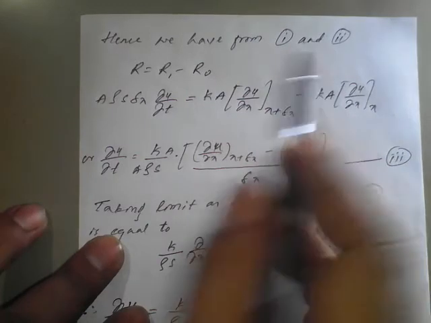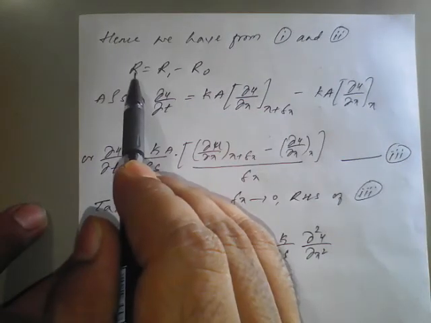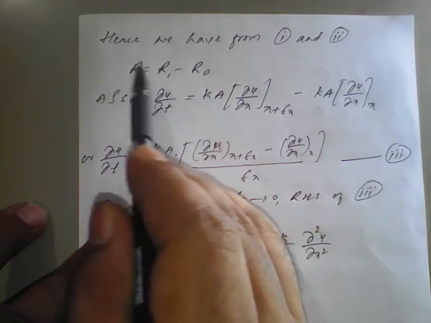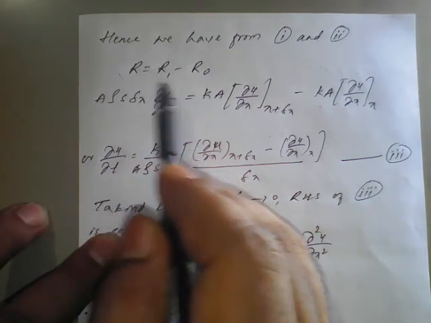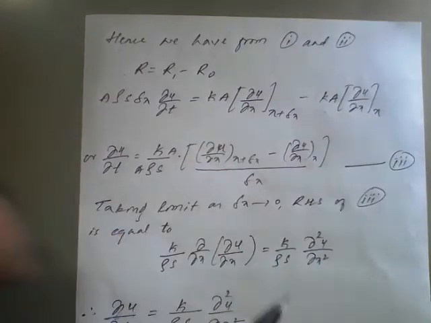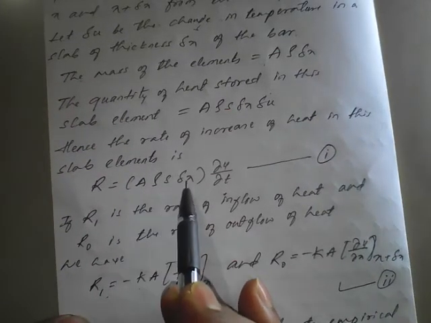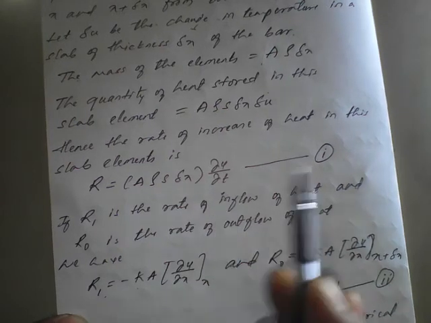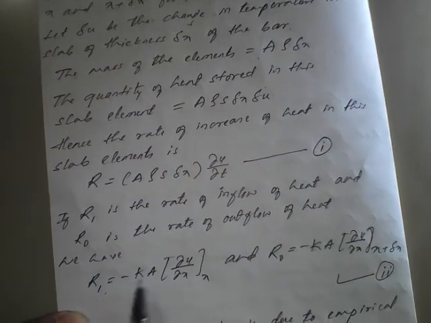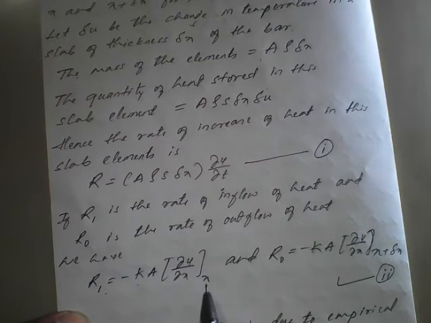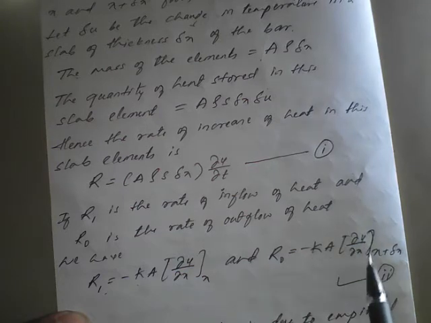So from 1 and 2, capital R is nothing but R1 minus R0. We know the values of R, R1 and R0. R is A rho S delta x into dou U by dou t, R1 is minus K A dou U by dou x at distance x, and R0 is minus K A dou U by dou x at distance x plus delta x.